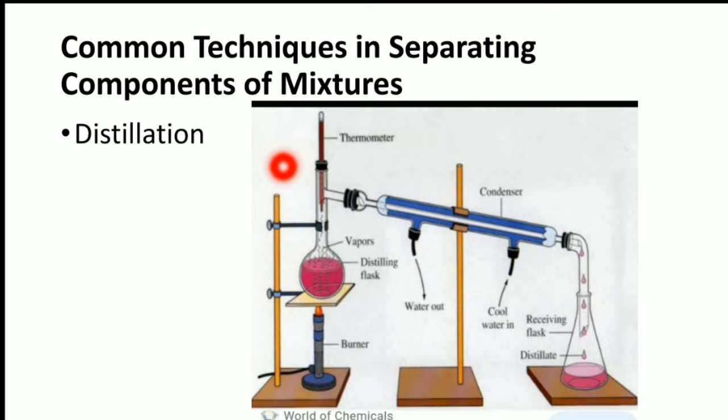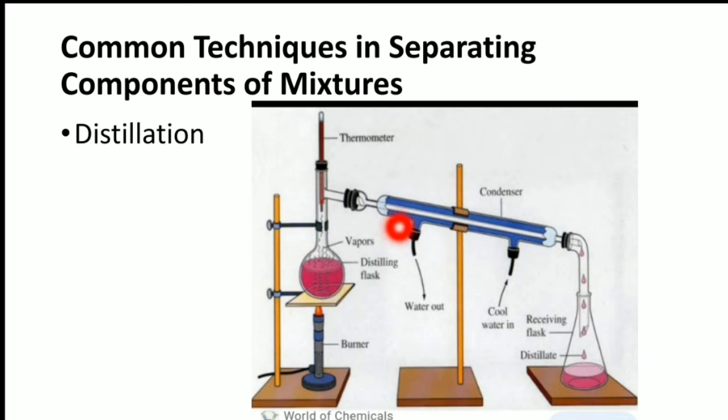Let's say you want to separate alcohol from water. Alcohol boils at 79 degrees Celsius, water at higher degrees Celsius. So you keep the temperature at around 79 degrees Celsius. So you will allow alcohol to evaporate completely and be recovered in this flask. This condenser is to speed up the condensation process.